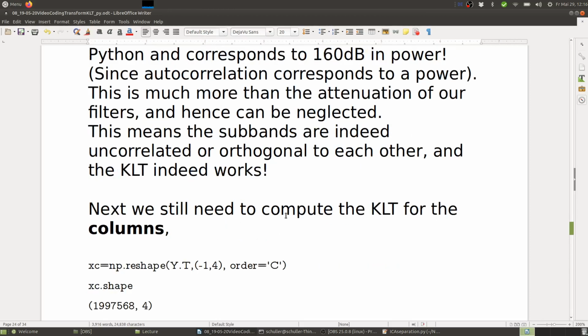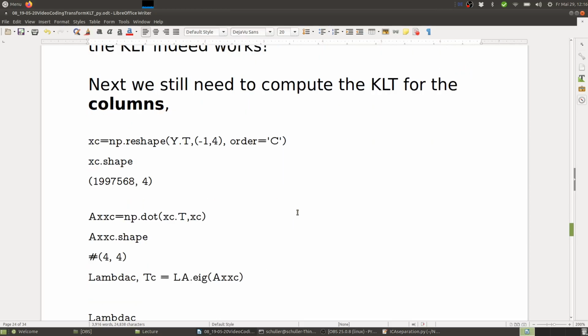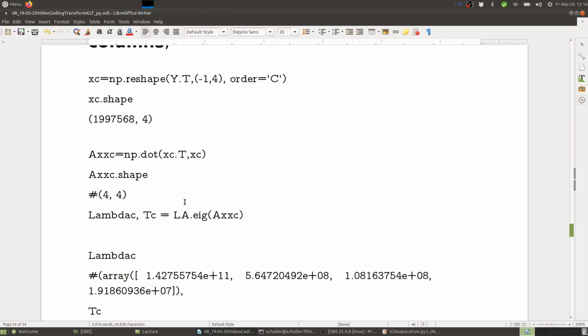Next, we still need to compute the KLT for the columns, right? So basically we can now do the same thing, but just transpose Y. You can just take the same code. I just copy and pasted the same code, but now start with Y transpose instead of Y, right? And then you get the T for the columns.